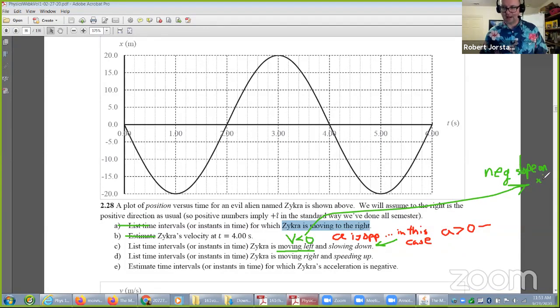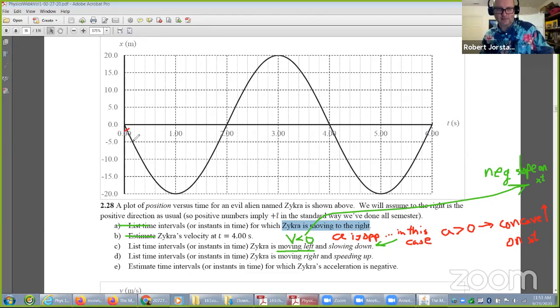On the XT plot, that's what it means. And then A greater than 0, that's concave up, on the XT plot, not on the VT. Okay, so in this case, we need to find a spot with a negative slope and concave up.